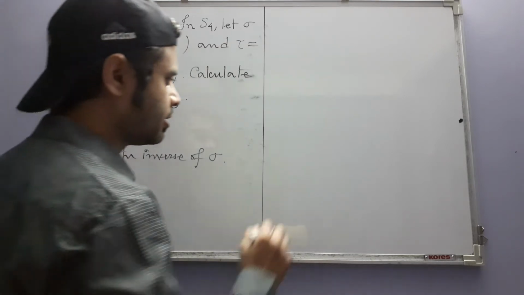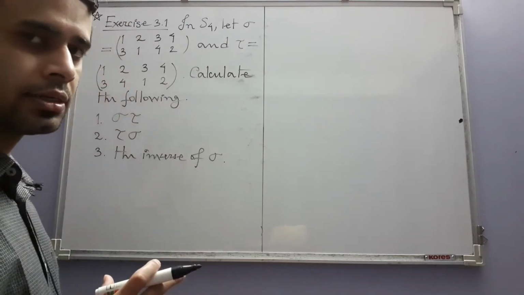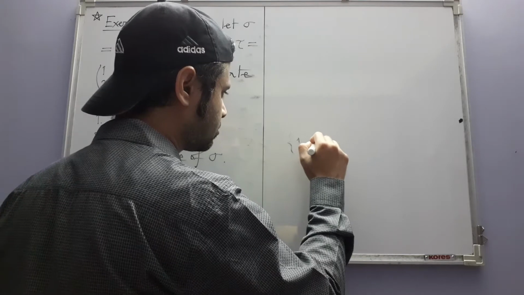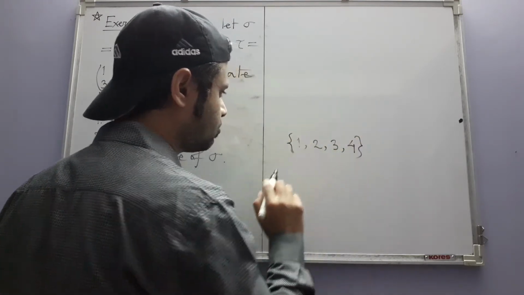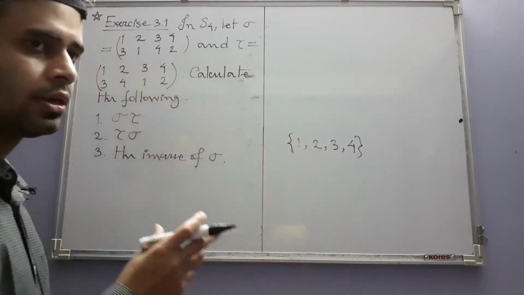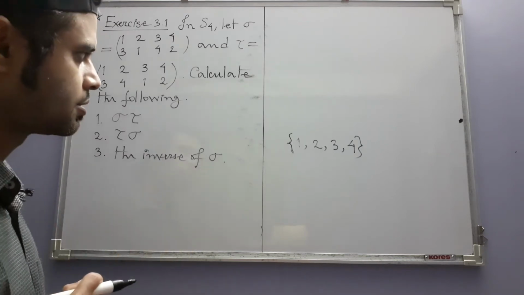S4, you recall, is the system consisting of all the bijective maps on this set, that is one-to-one onto mappings from this set to itself, along with the operation composition of mappings.